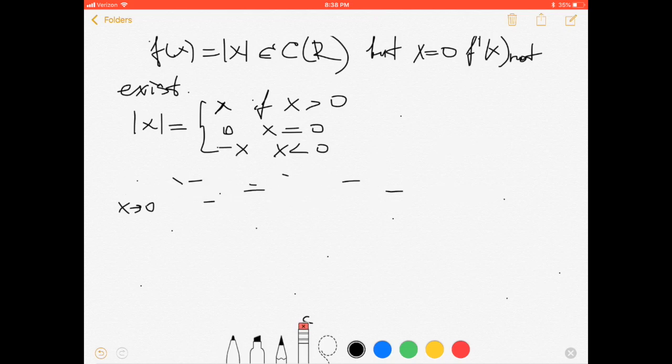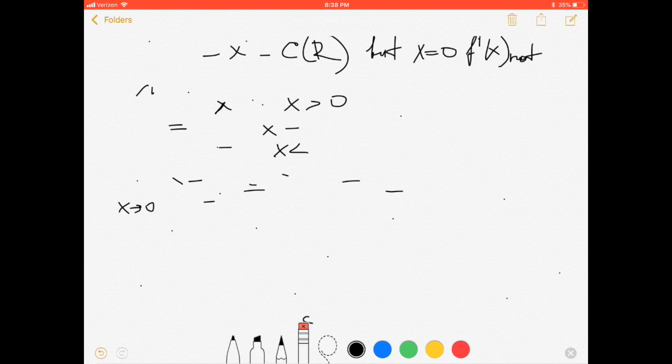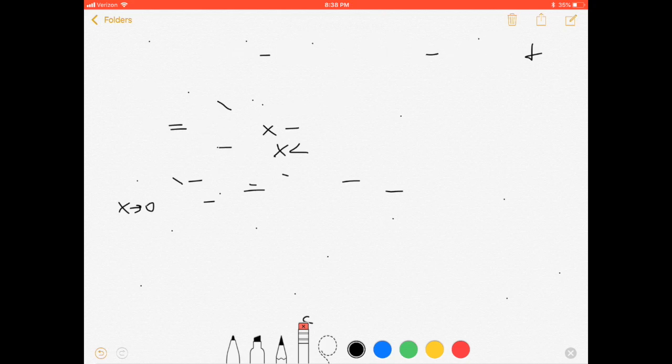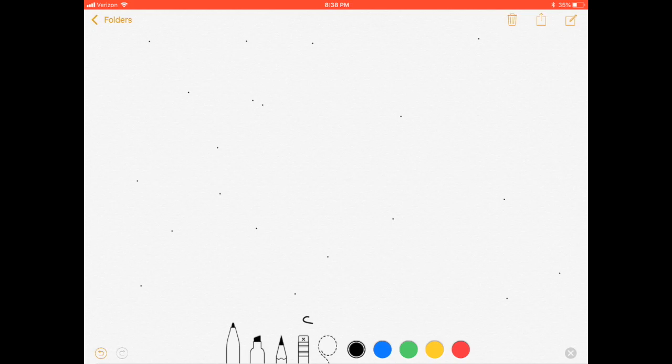Now we study one more theorem, about the properties of our derivative.